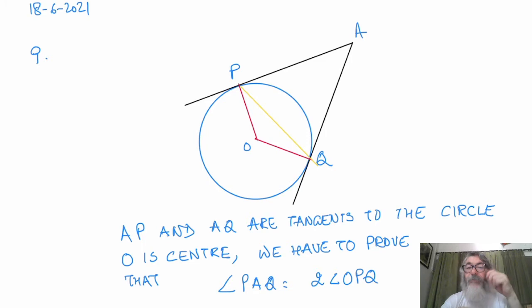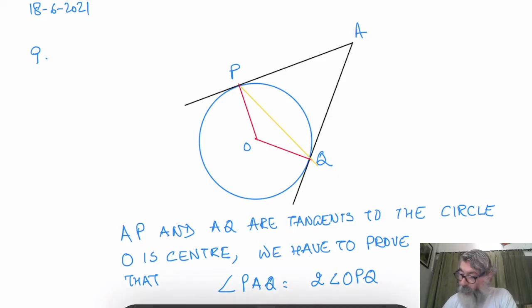There are a few things which we need to use. Number one, the tangents drawn from an exterior point to the circle are of equal length. So we'll say AP is equal to AQ.